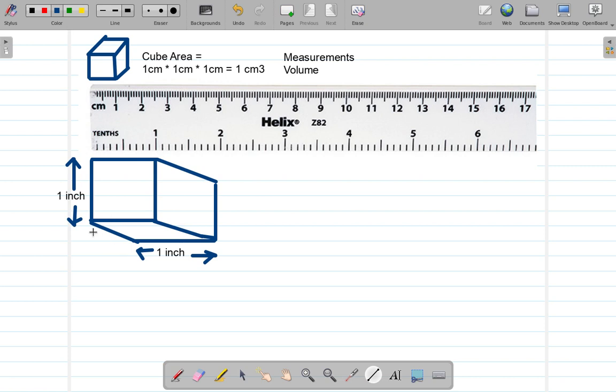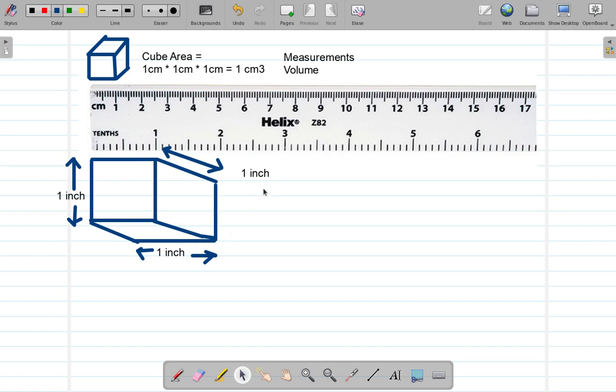Looking at the length, let's put it from here to here. This is the length of it, and this, of course, is also 1 inch. So the volume of this cube is 1 cubic inch: 1 inch by 1 inch by 1 inch, height times width times length. That's how you calculate the volume of a cube.